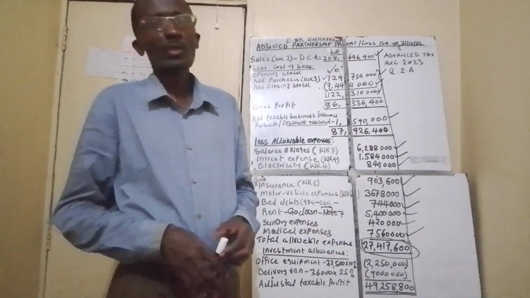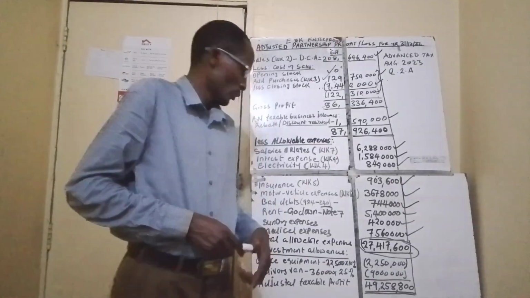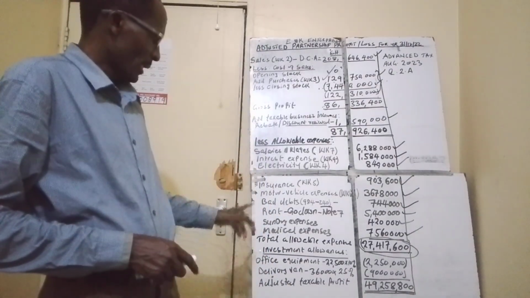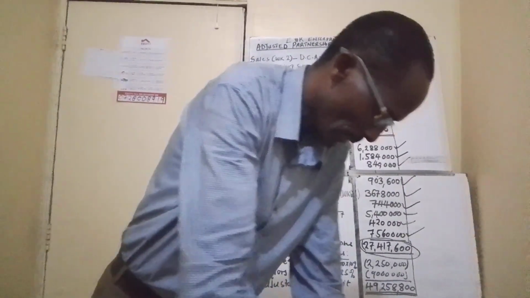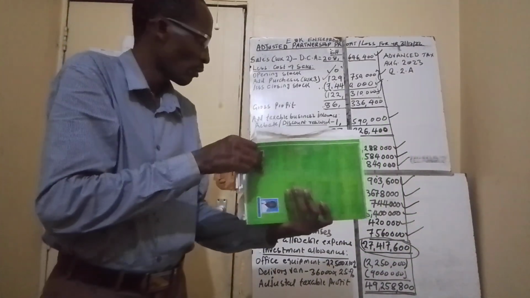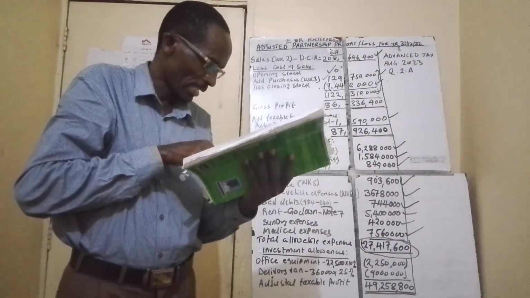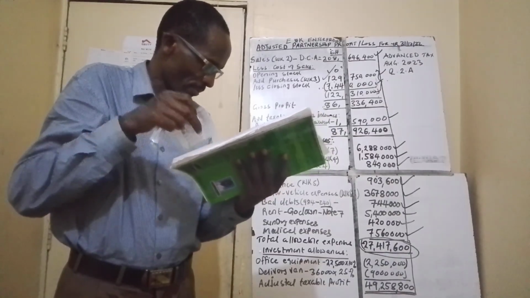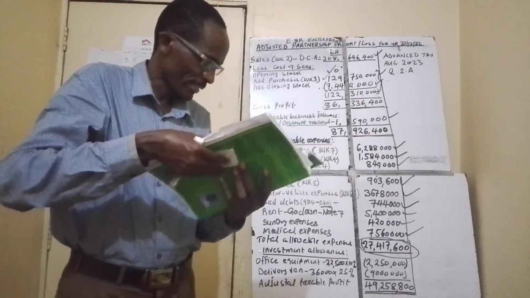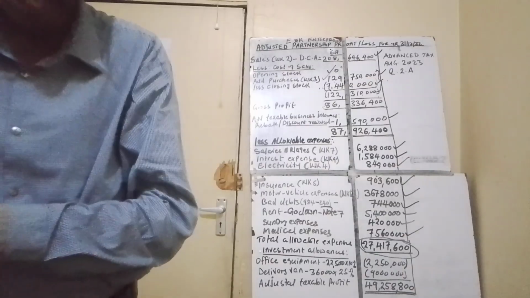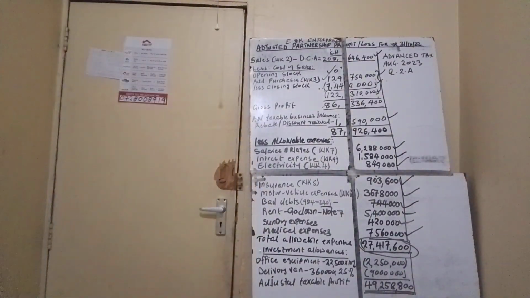Capital deductions will reduce your tax liability. So in this case, we have an office equipment. So I want us to identify the office equipment and delivery van. You find them in the credit side of that particular bank statement. You go to your bank statement, you find them there.